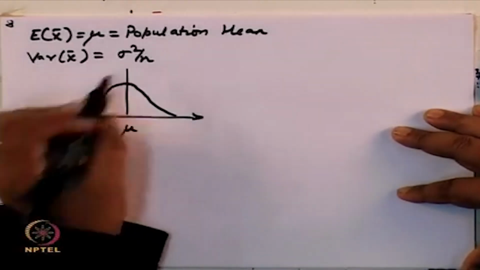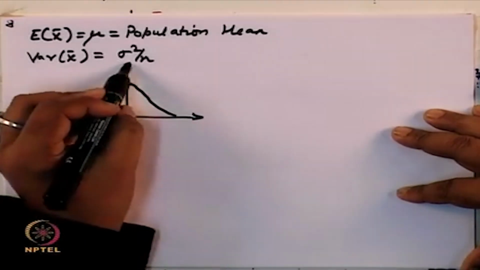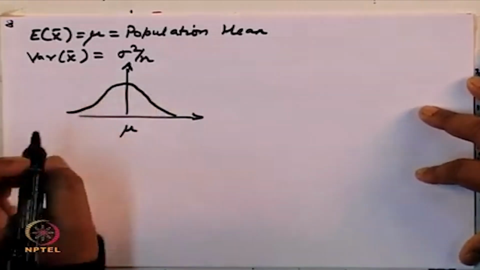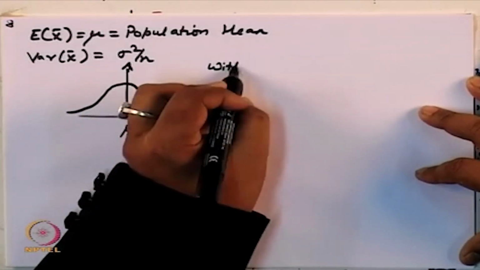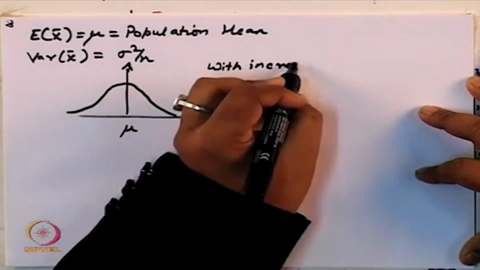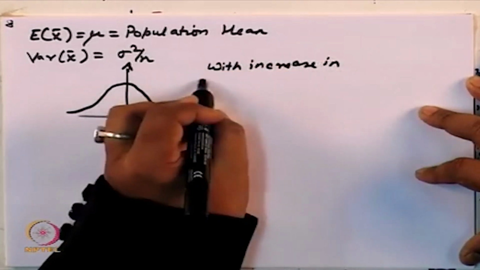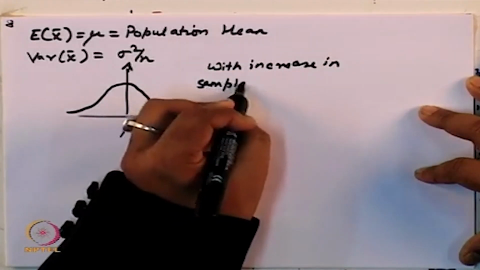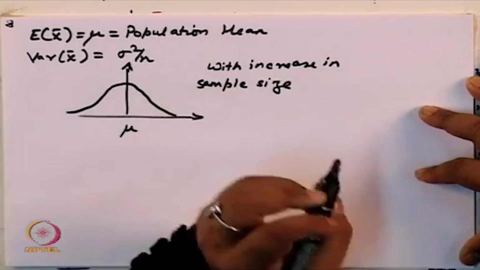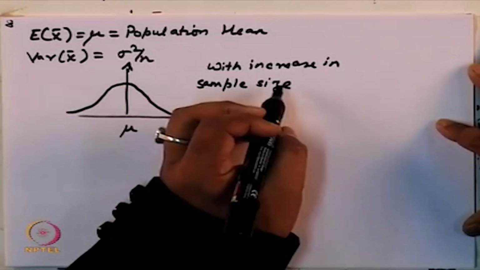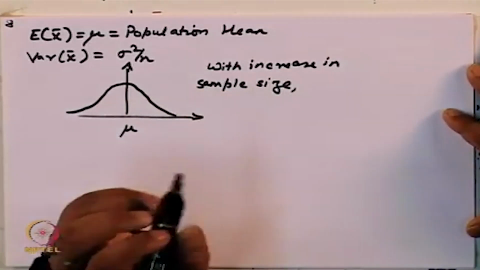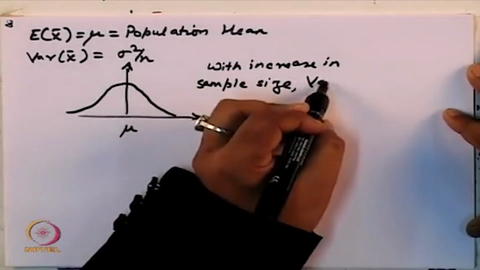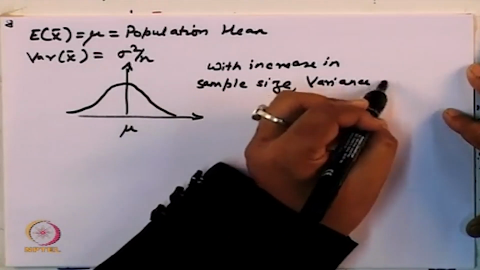For the sampling distribution, as I increase my n, with increase in sample size, the variance decreases.